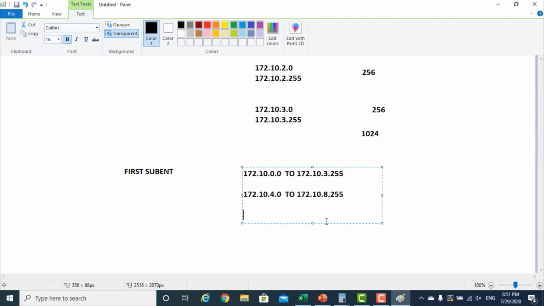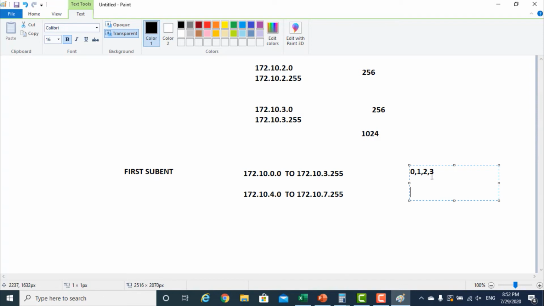4, 5, 6, 7. Not 8, I'm sorry. 7.255, because if you count the first block, 0, 1, 2, 3, here also 4 blocks: 0 gives me 256, 1 gives me 256, 2 and 3 also give me 256.